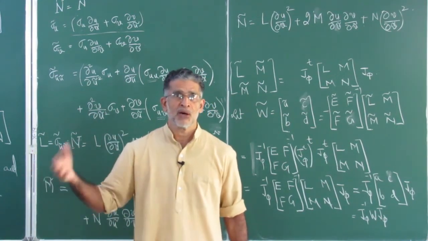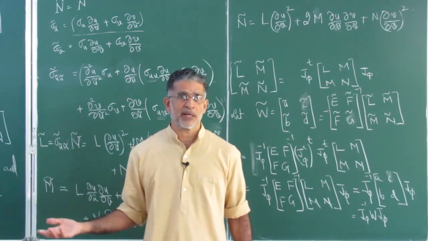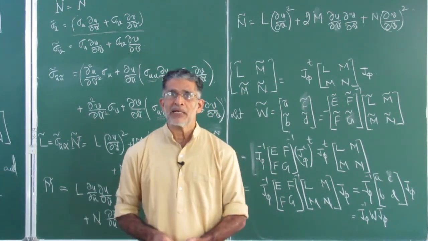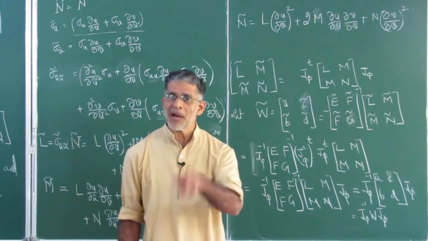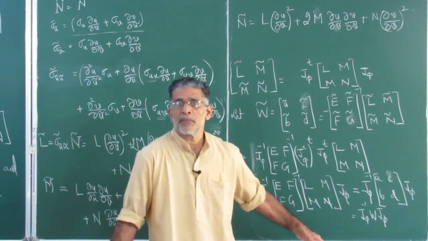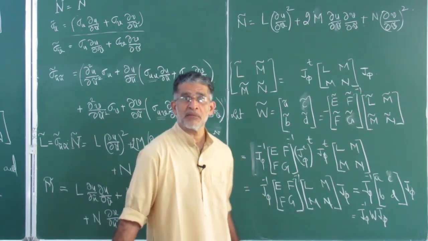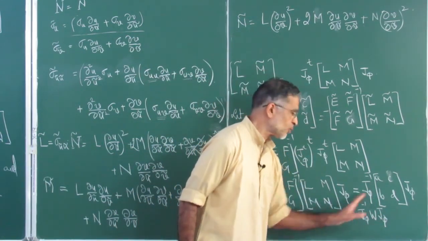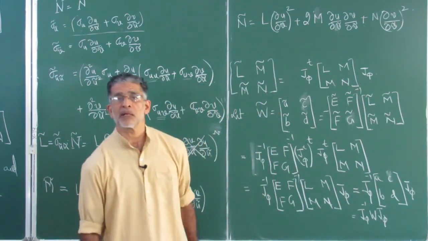Apart from that, there is no difference. The two maps are the same, except that the basis with respect to which they are written are different, and that's why you get two different matrices, but they are similar.